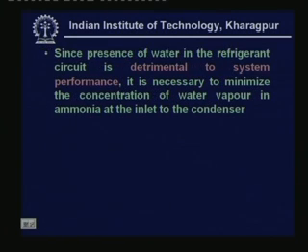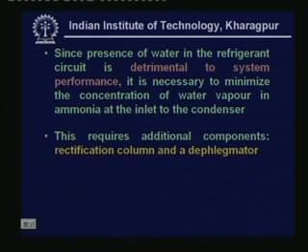So, what we have to do is minimize the concentration of water vapor in ammonia at the exit of the generator, or at the inlet to the condenser. We have to ensure that almost pure ammonia vapor goes to the condenser. This requires additional components, namely a rectification column and a dephlegmator.